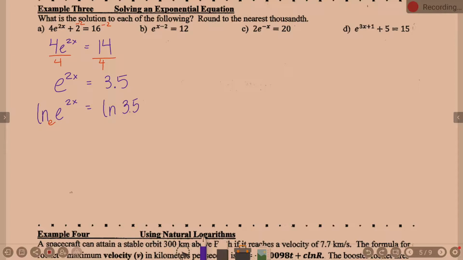So the idea is when those e's match, which is the whole reason I use natural log, I don't even have to move the 2x out front. That's how we did it with the regular logs, right? I can move the 2x out front and then divide. Here, those e's match, so I can just drop them out and say 2x equals natural log of 3.5.